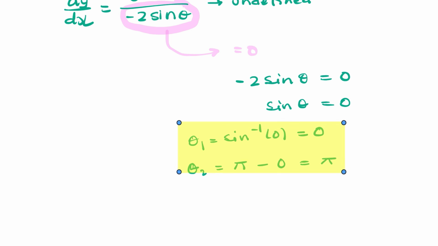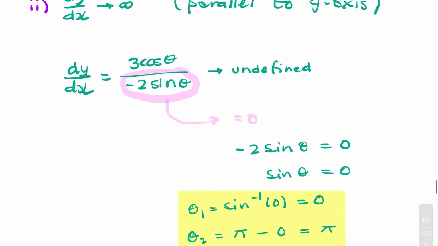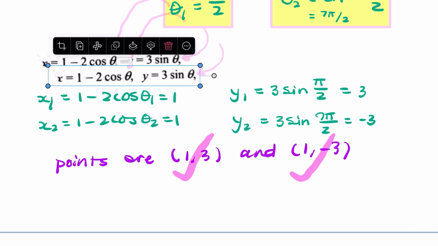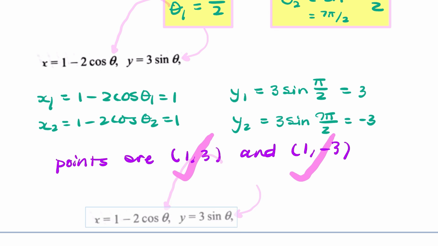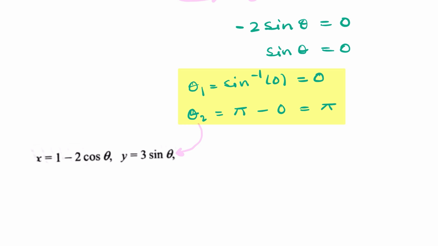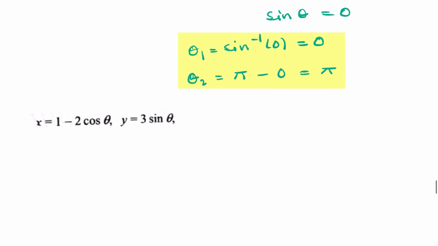And as before, that's not enough. We need to substitute that in our two equations for x and y. So let me take this and bring that down here. So I'm going to substitute the values of theta 1 and theta 2 to find x1 and x2.